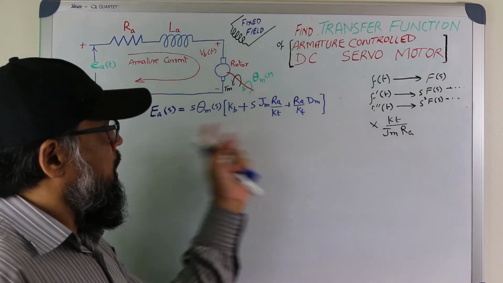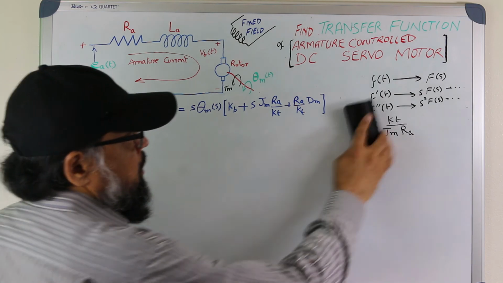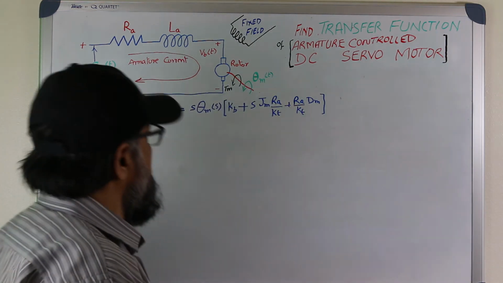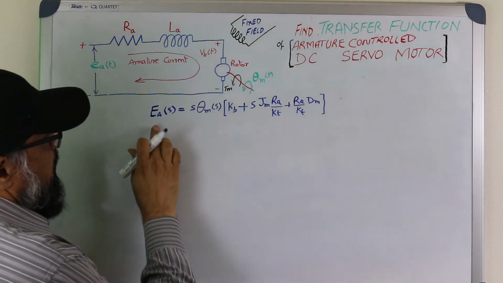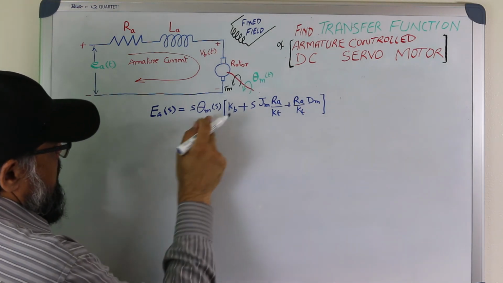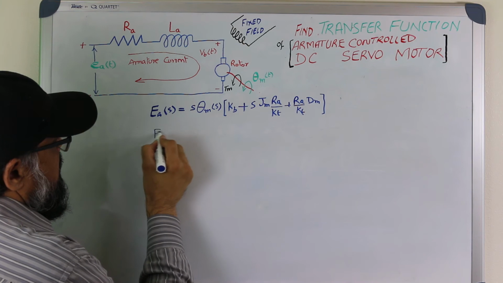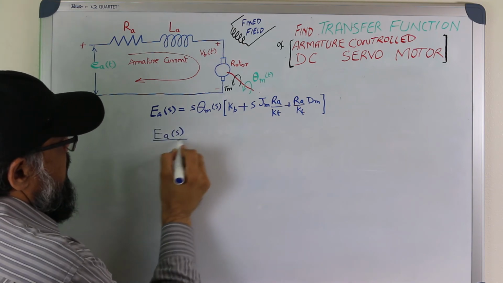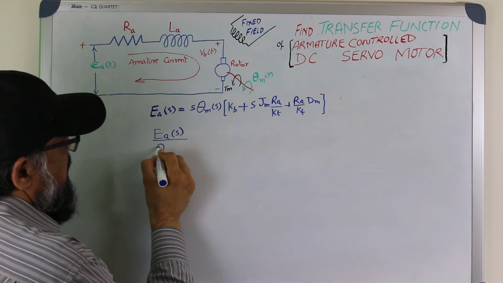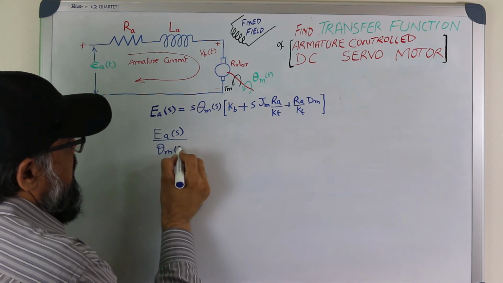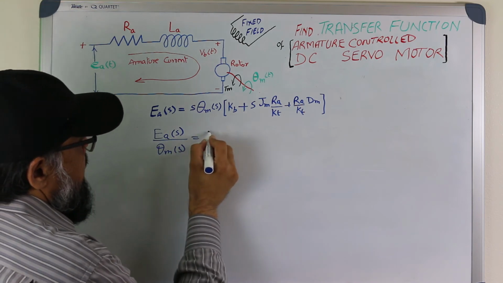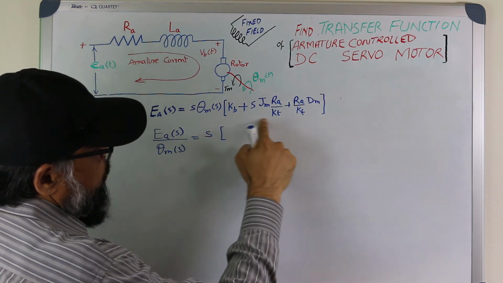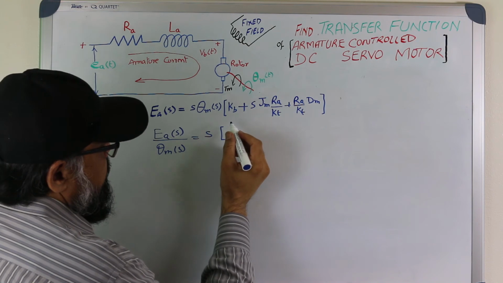so I have written the last step here again. So that now we can just take this first below this, so EAS divided by theta ms equals S, and we put this S terms first.